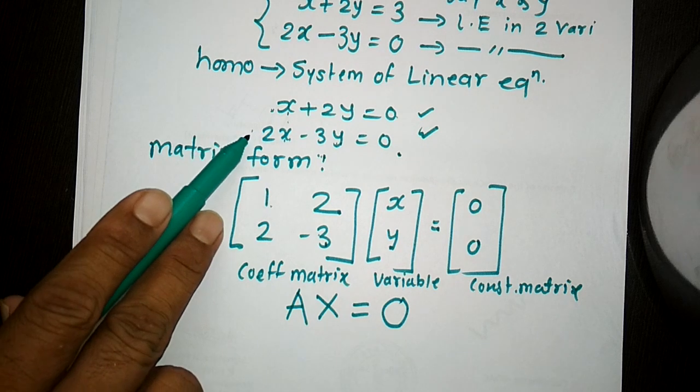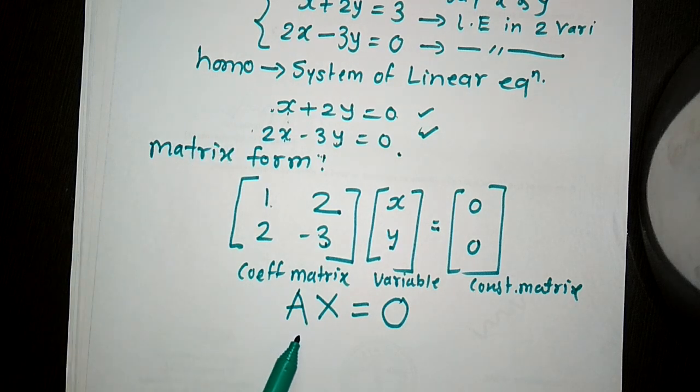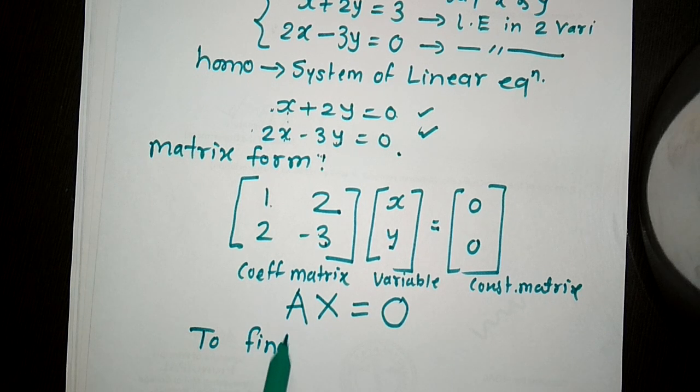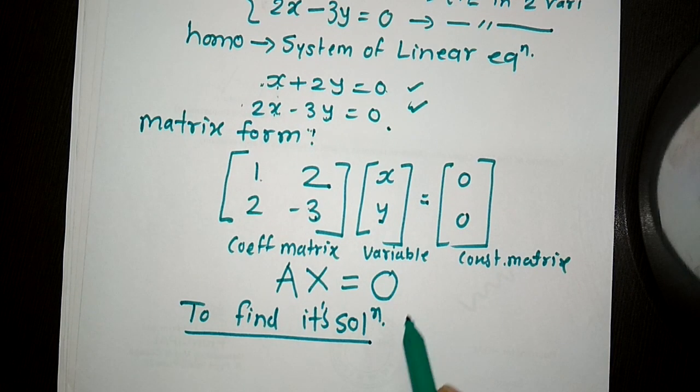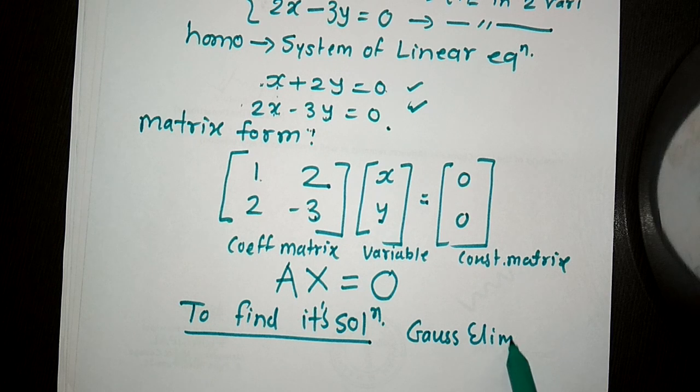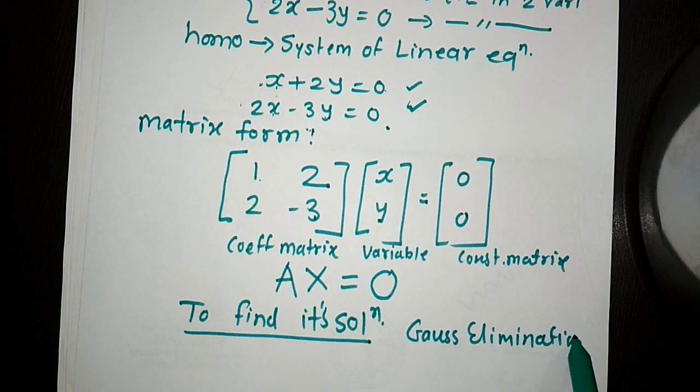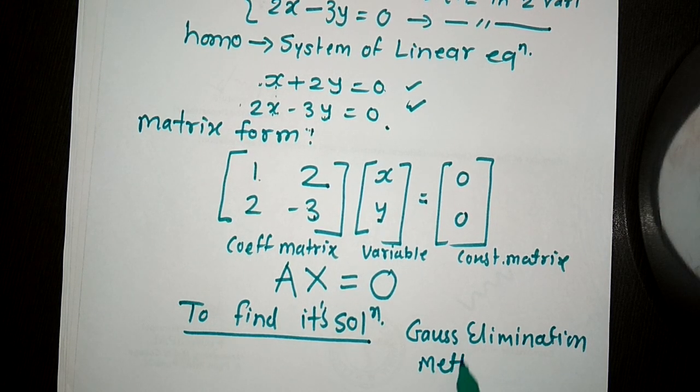Any system of linear equations we convert into matrix form. Later on, we have to find the solution. There are different methods available, but we use the Gauss elimination method to find the solution of the system of linear equations.